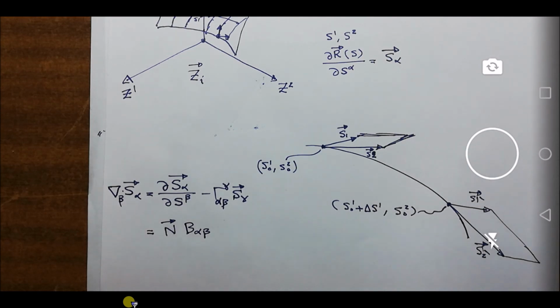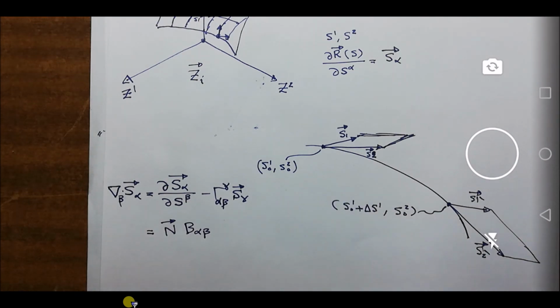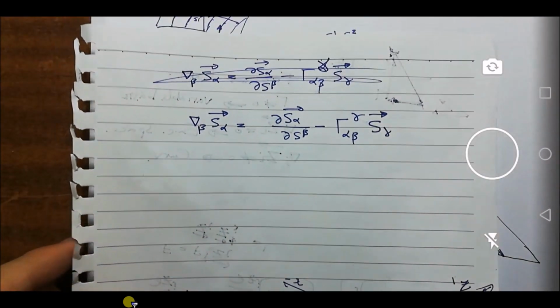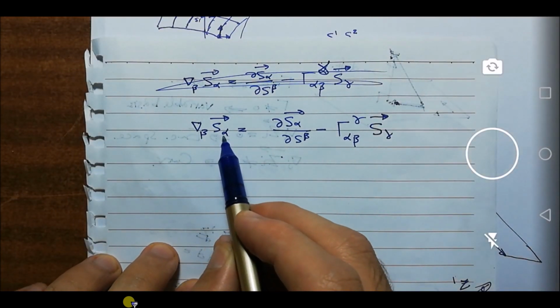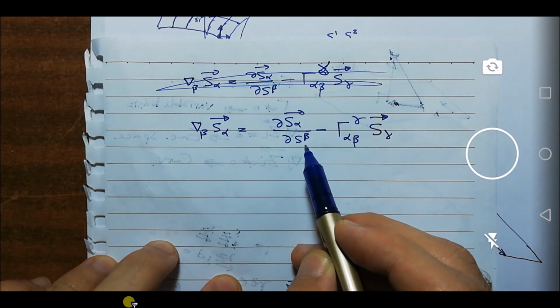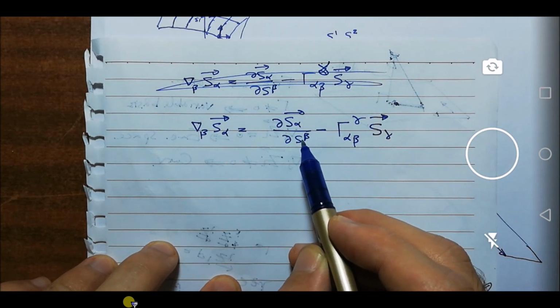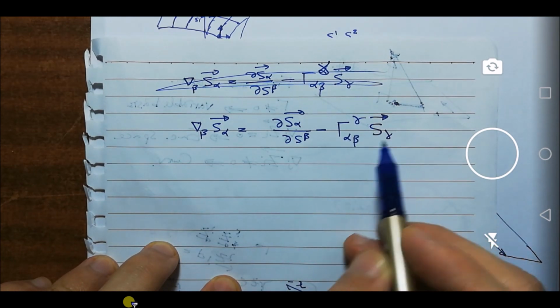Now, in case you don't believe that the result is actually normal to this plane, I've got a trick to convince you. Here is the same equation. The covariant derivative of covariant bases is the rate of change of the covariant bases with respect to each of the spatial variables minus Gamma gamma alpha beta S gamma.